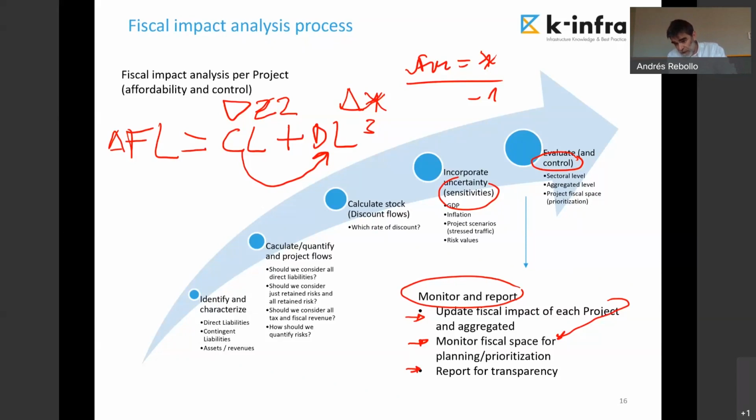transferred. Okay, because when I am committing a contract, the availability payment, part of the payment is reflecting the equity internal rate of return and the margin, the risk margin over the risk-free rate that is embedded into the equity rate of return requested by the bidder.